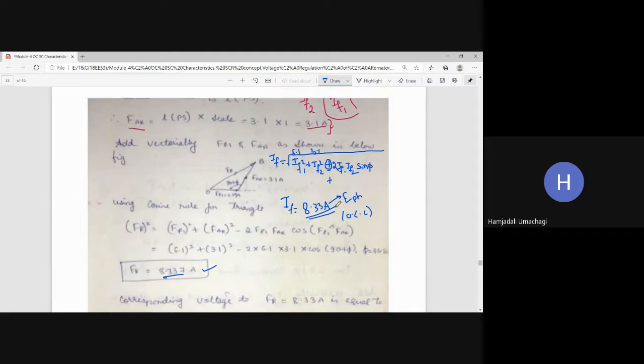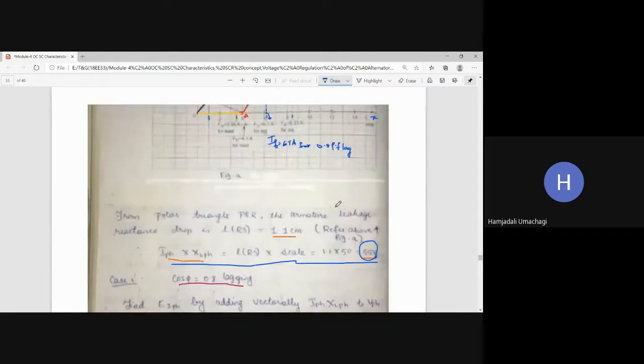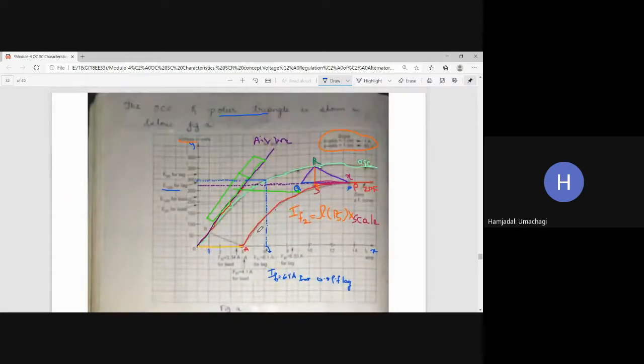Okay, for 8.33 ampere, let us see here. Once again, you take the graph. 8.33 means this is 8 and this is 9, so 8.33 is somewhere here. So this is my IF value.